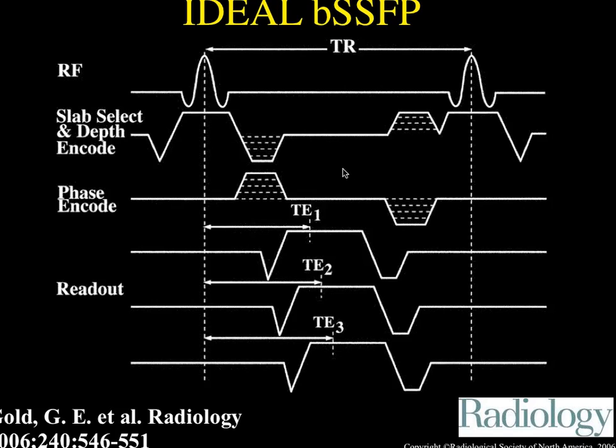The more advanced way to do this, where you can maximize the amount of information you get per unit time, is a technique called IDEAL. It was first developed at Stanford, and then at the University of Wisconsin.